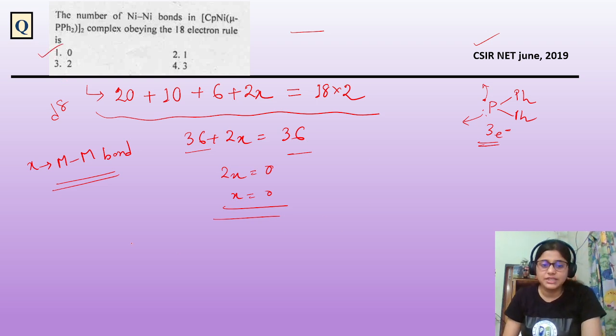So what can be the structure? To get the idea of the metal bond and everything, since μ-PPh2 is given, the bridging atom is also given. So we have the idea about the structure, right?